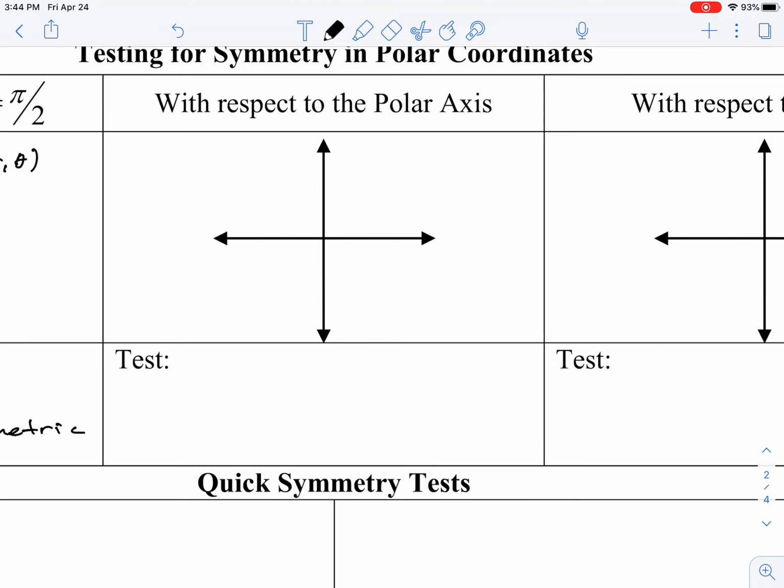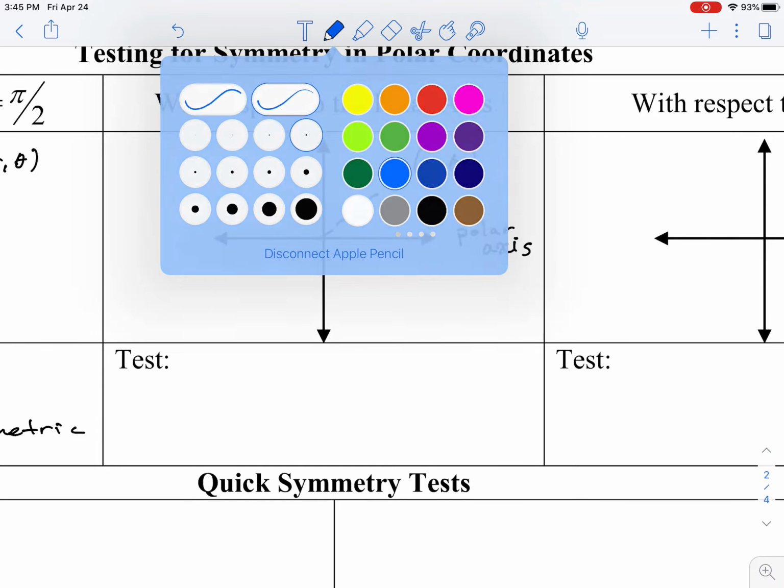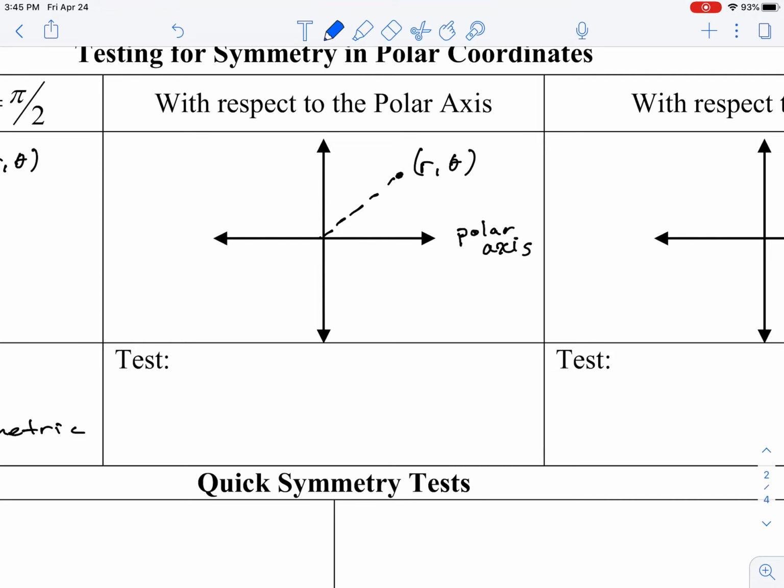Now let's look at the next one. How to check to see if a polar equation is symmetric with respect to the polar axis. So again, if I have some point here, (r, theta), and it's symmetric with respect to the polar axis, which is this axis here, that means we're flipping it over this axis, and so we would have to have the following point here.